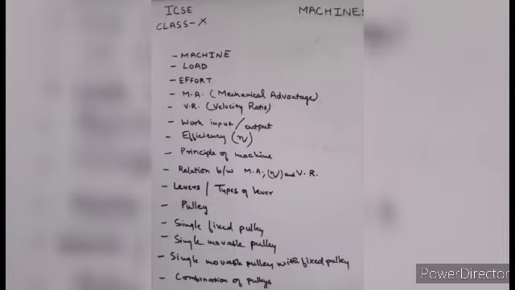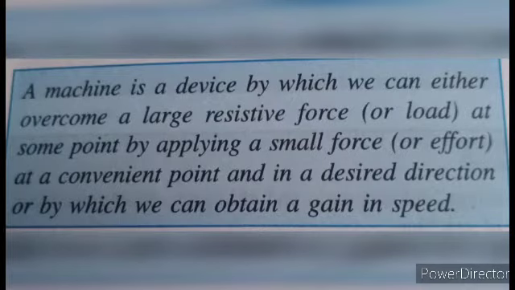So we have simple machines which help us to lift the load so that we can apply less effort and we can lift up heavy load. We use machines for convenience in our work. We obtain a gain in speed with the help of machines.